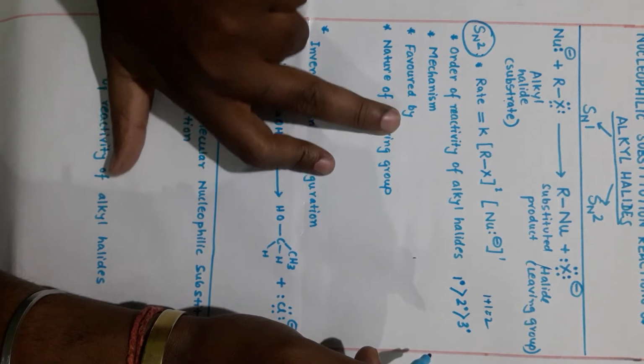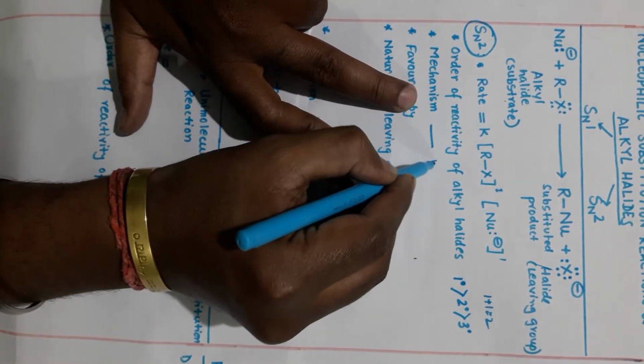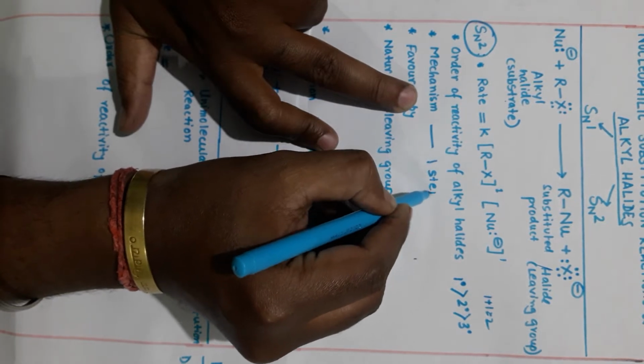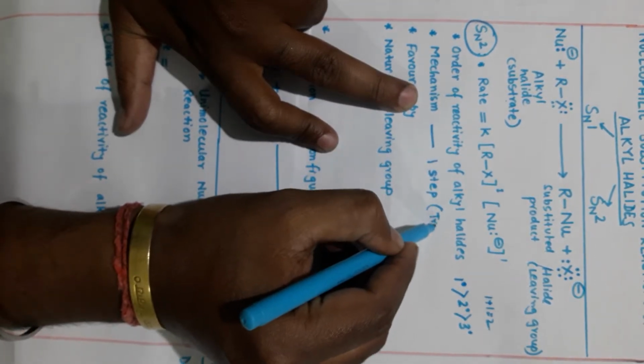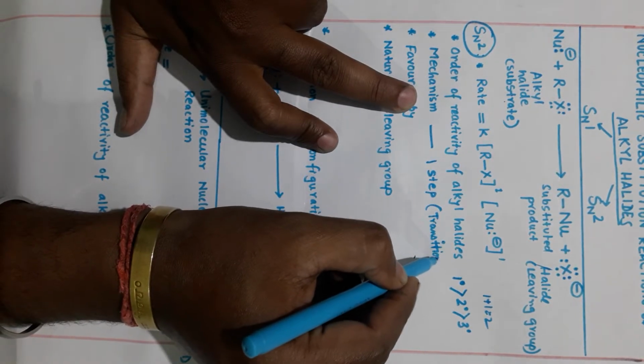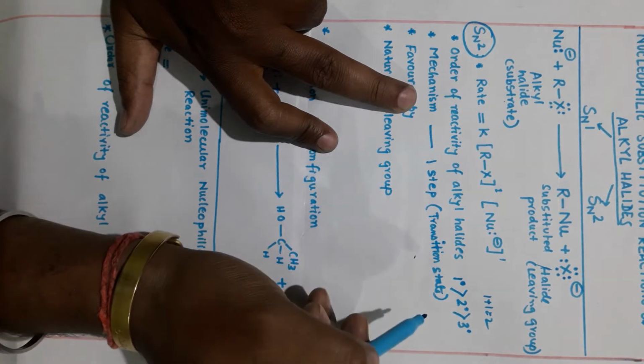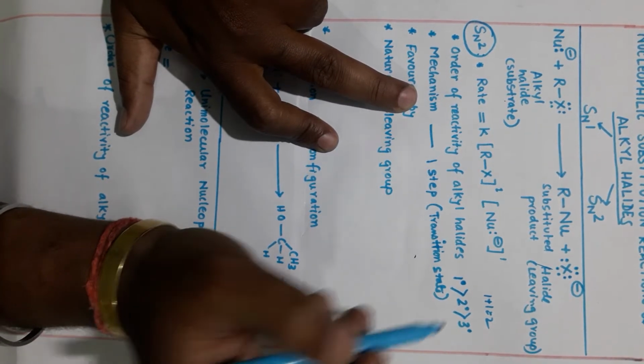We have also learned that the mechanism of Sn2 reaction involves only how many steps? Only one step, but it proceeds through a transition state.